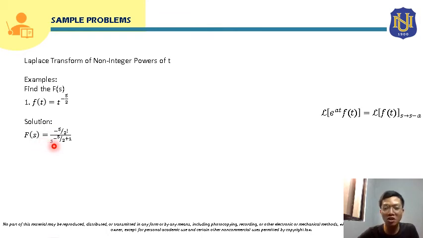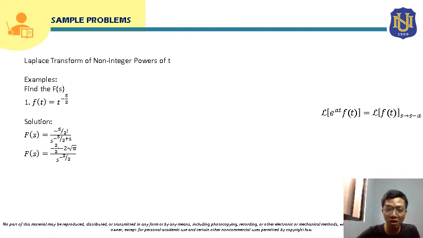The problem here is that if we don't know how to solve this factorial, that will be a problem. Since we already talked about how to solve this type of factorial, negative 5 halves factorial, we can use our shortcut for this.